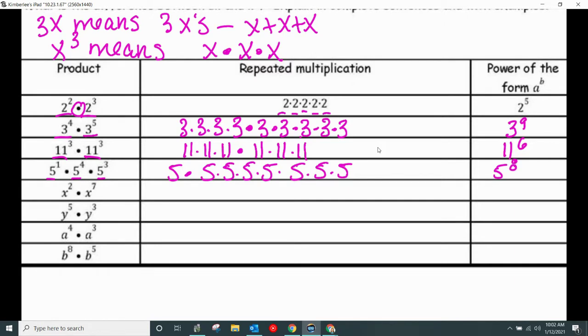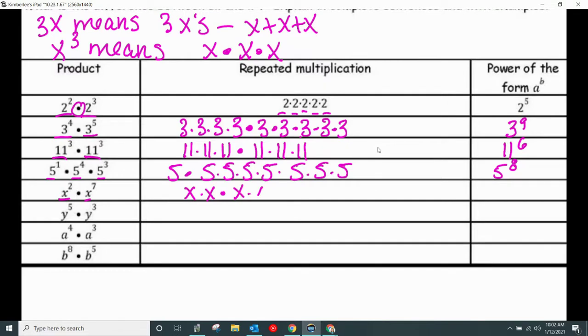Okay. Well, then we have x squared times x to the 7th. Okay, so now we're getting into things where we're like, oh, I don't really know. I can't type that in the calculator. But I know x squared is x times x, and x to the 7th is 7 x's.